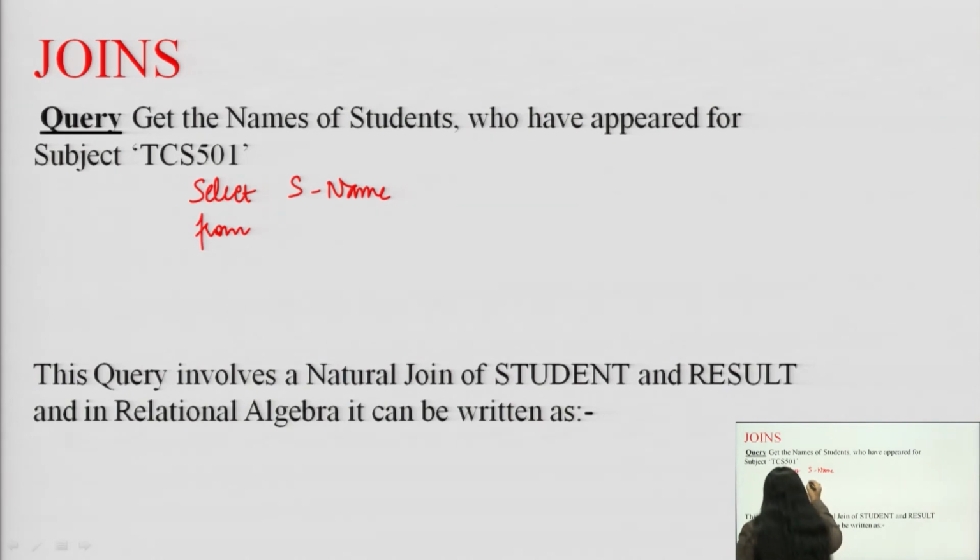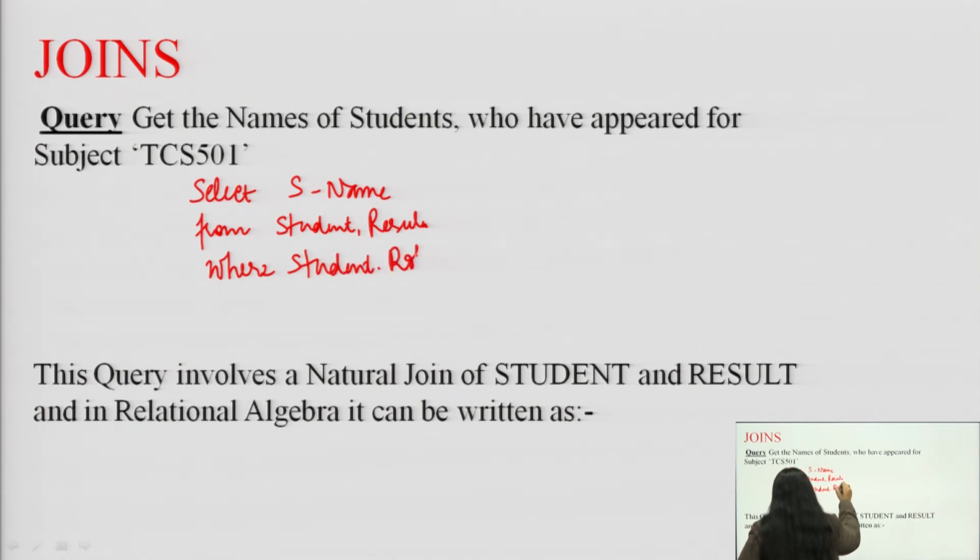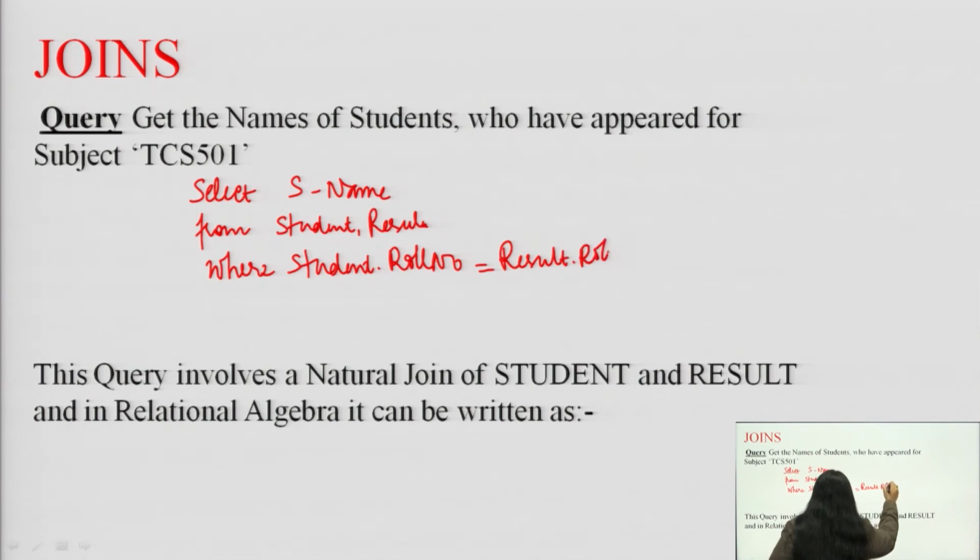From student and result, where now we are going to create the join, where student dot roll number is equal to result dot roll number.